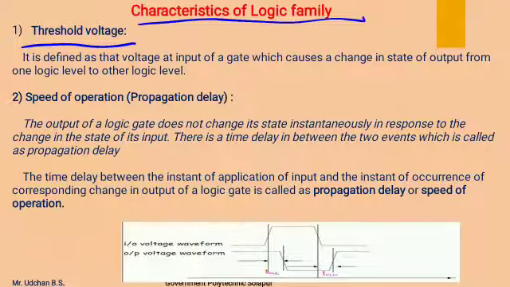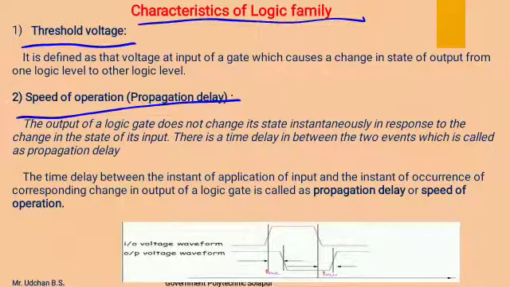The second one is the speed of operation. It can also be called propagation delay. The output of a logic gate does not change its state instantaneously in response to the change in the state of its input. There is a time delay between the two events, which is called propagation delay.